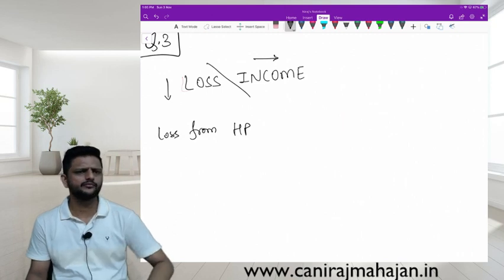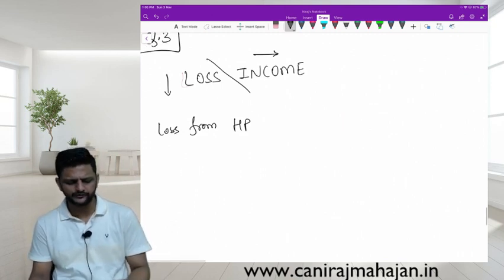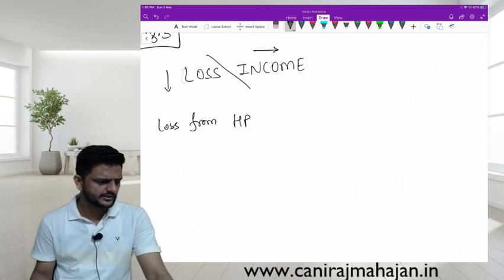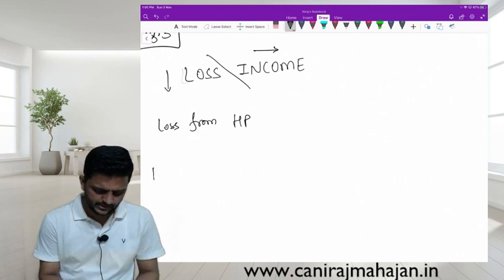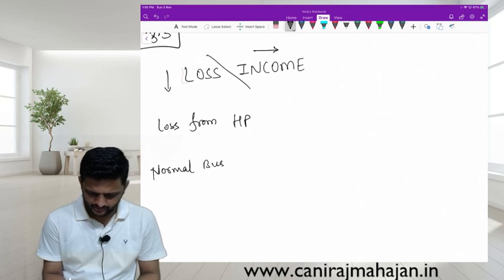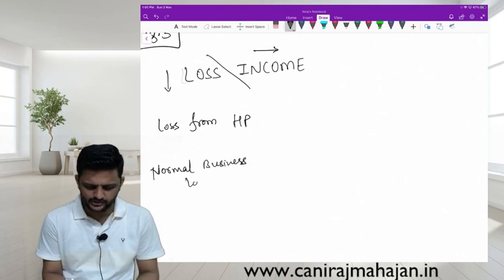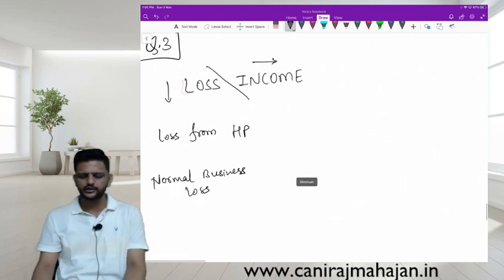It is just heads of income, correct? The actual nature does not matter whether it was SOP or letout or deemed letout or whatever. We don't care. So it is just HP loss and PGBP, normal business loss. You obviously need not list down all the heads of income. Okay, it is just whatever are the losses and then whatever are the incomes.